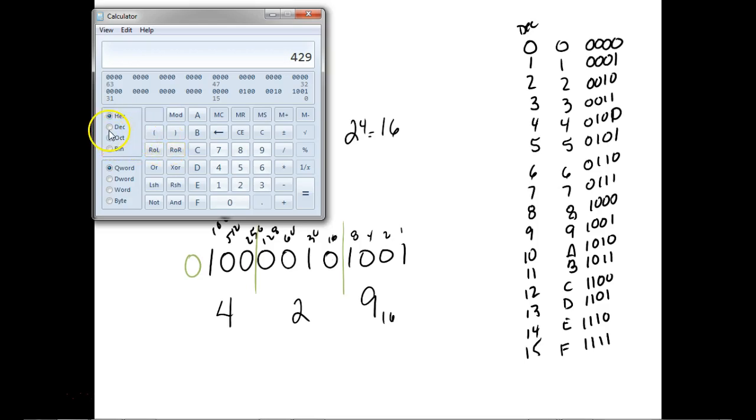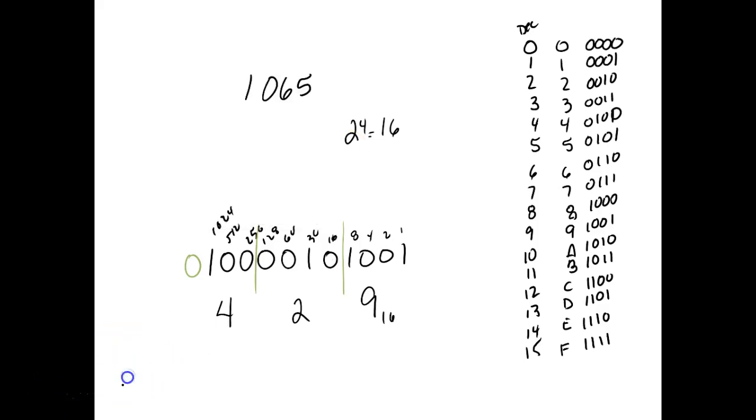We can convert it to decimal, which would be 1065. That is equal to 1, 0, 0, 0, 0, 1, 0, 1, 0, 0, 1 in base 2, and base 10 is equal to 4, 2, 9 in base 16.